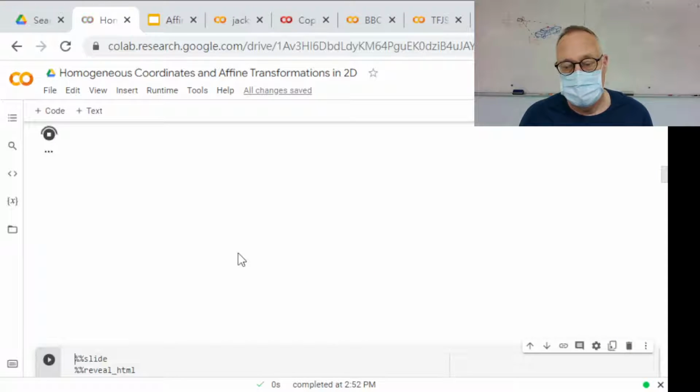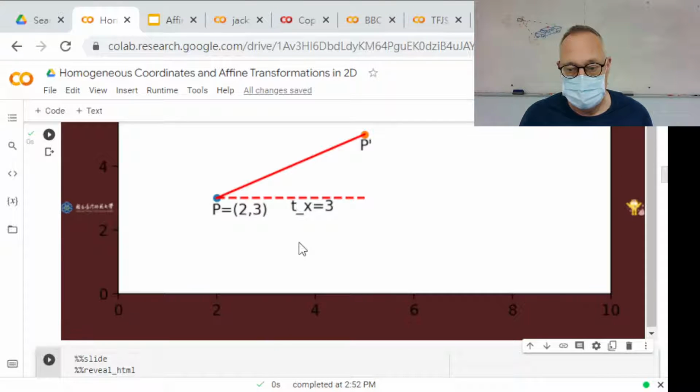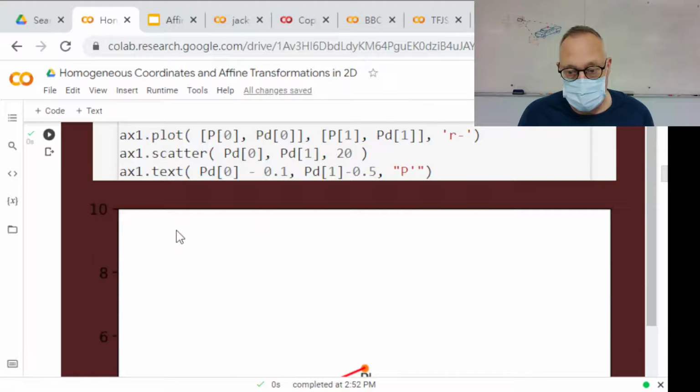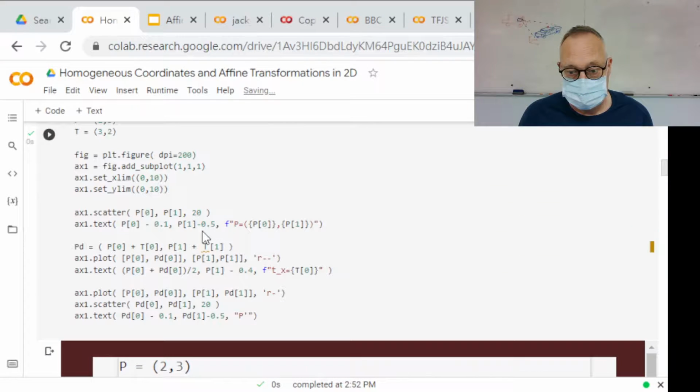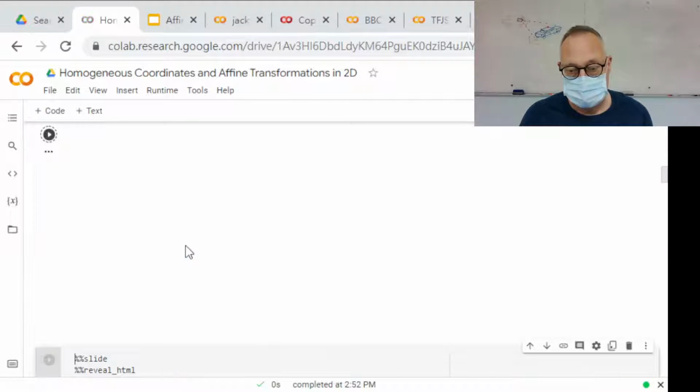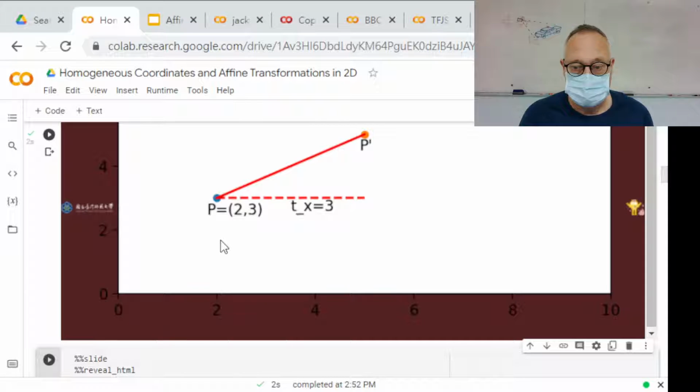And I like to use the format strings in Python, so here's P23. Kx is 3, so now draw a red dashed line from P dash down until you meet this line here.